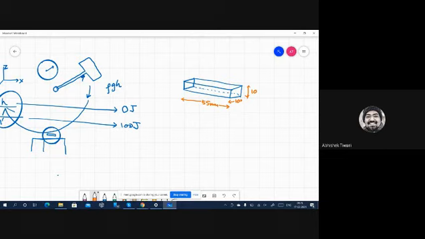Although it's not just a rectangular bar, there is a notch in the specimen usually. So the notch is here at the center, and the notch angle is 45 degrees. It can be 60 degrees, but according to the standard, it should be 45 degrees.